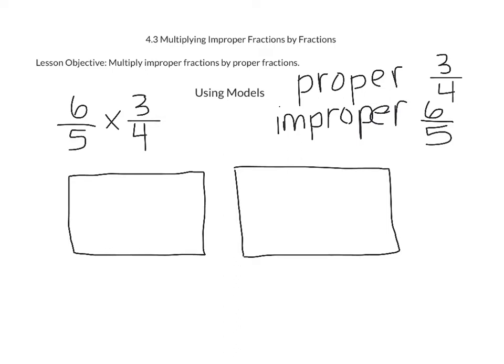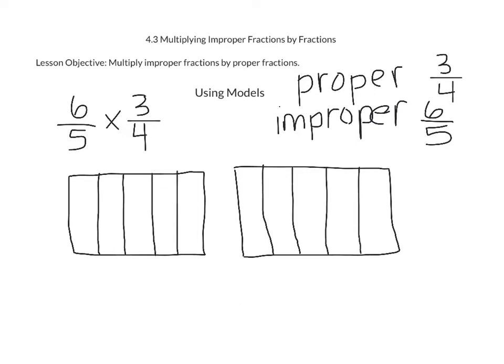Since our denominator is 5, we're going to divide each of our wholes into 5 pieces. And then we're going to shade in 6 of those pieces to represent 6/5.